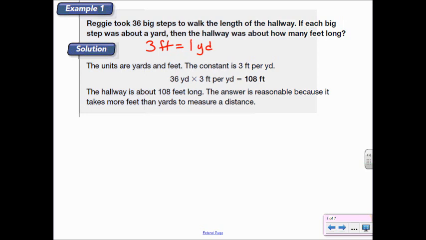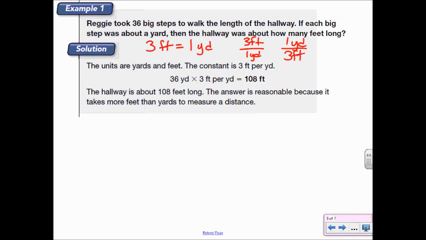So we could come up with two fractions. We could have the 3 feet on top per 1 yard on the bottom, or we can have the 1 yard on top and the 3 feet on the bottom.